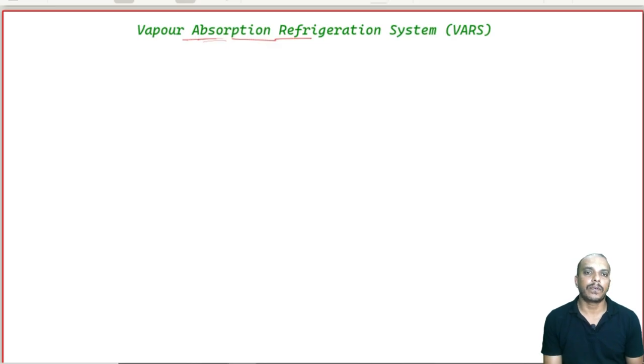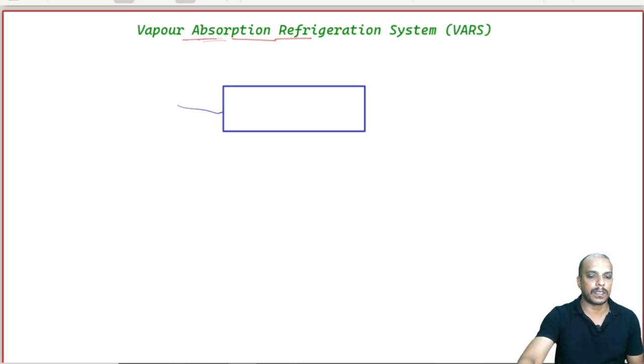A quick recall of what we had discussed in our vapor compression refrigeration system is this. Let us say we have some liquid which can boil at room temperature and pressure. Let us say ammonia can boil at minus 33.3 degrees Celsius.